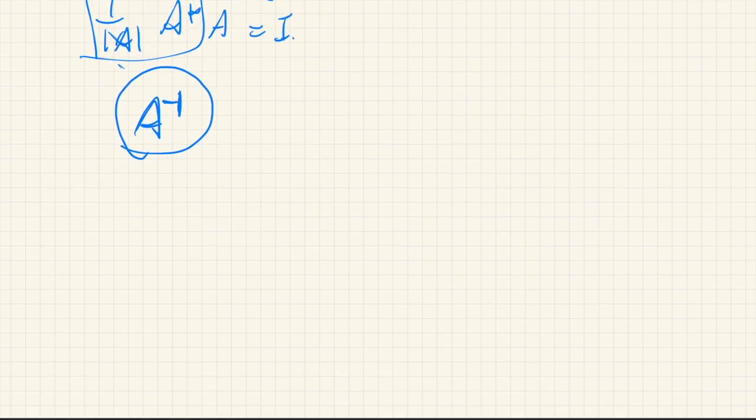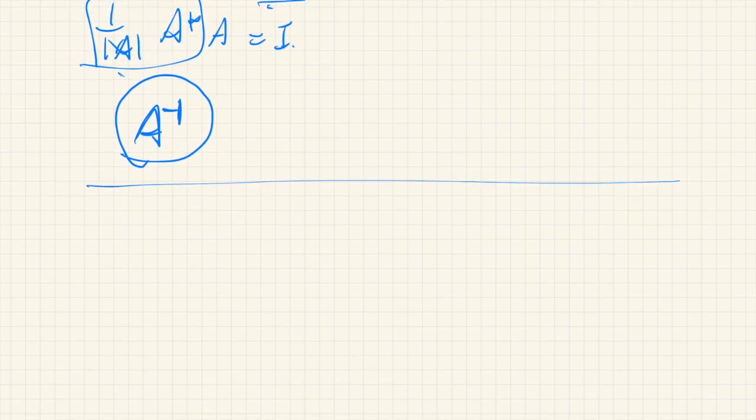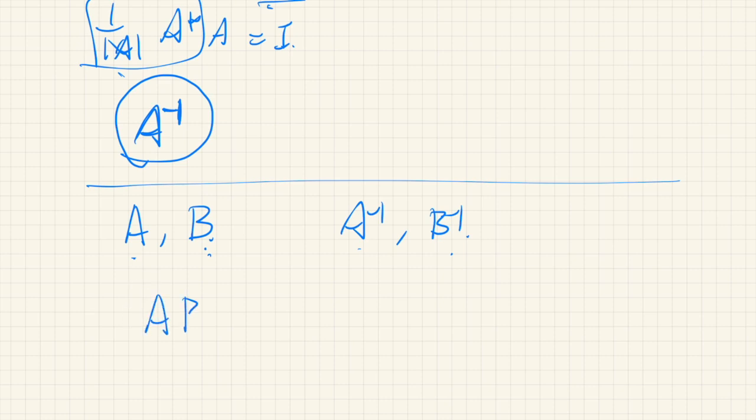Finally, let's prove this simple result. Suppose we have matrices A and B, both of which are invertible. That means the inverse of A exists and the inverse of B exists. Then the inverse of the product also exists, and it is equal to not A inverse times B inverse, but B inverse times A inverse.